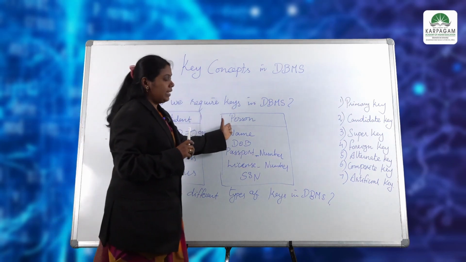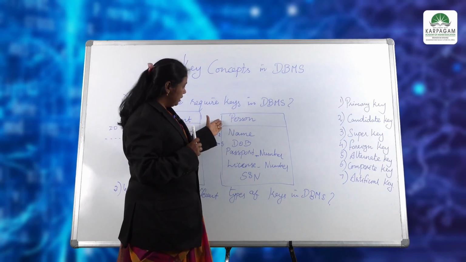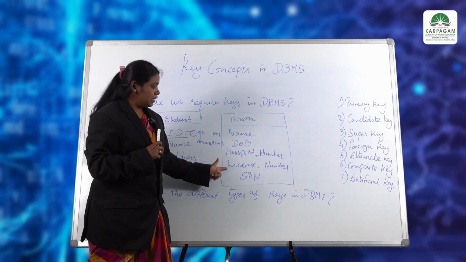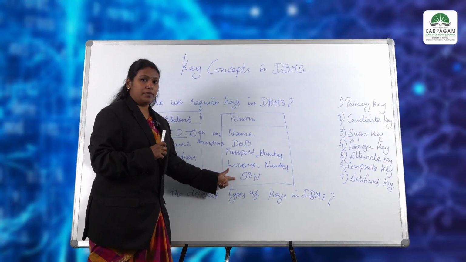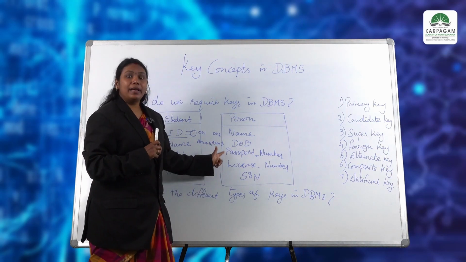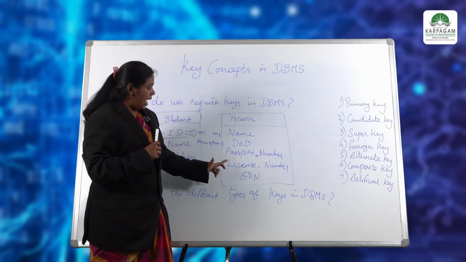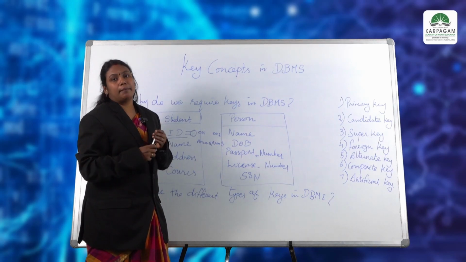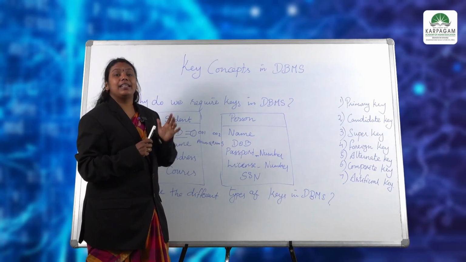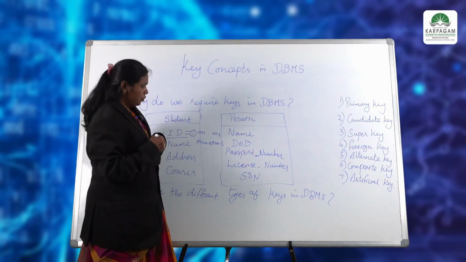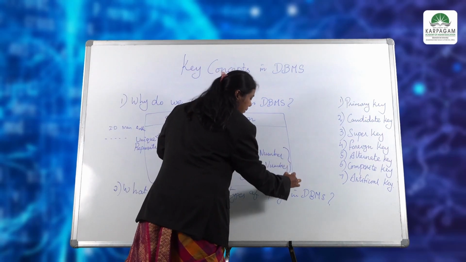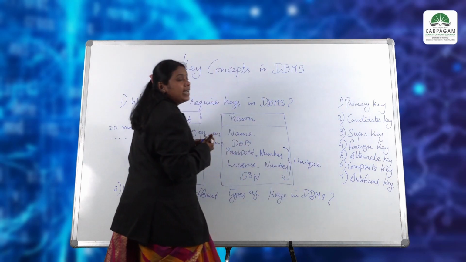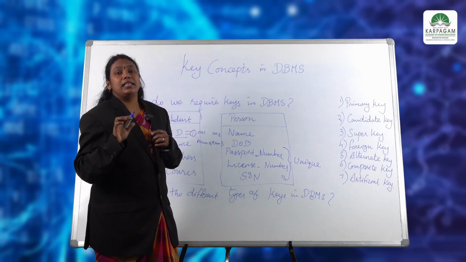In the second table, the person table, there are name, date of birth, passport number, license number and social security number. The passport number is a unique representation, and likewise the license number, social security number and Aadhaar number are unique representations of the student. So all of these are unique representations, and a unique representation set in a DBMS is a key.